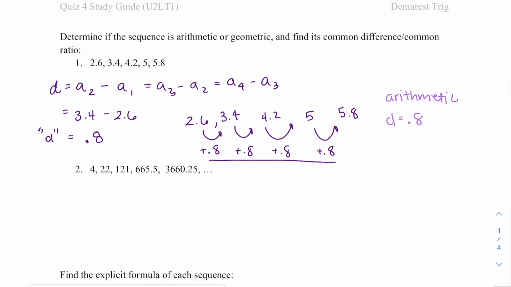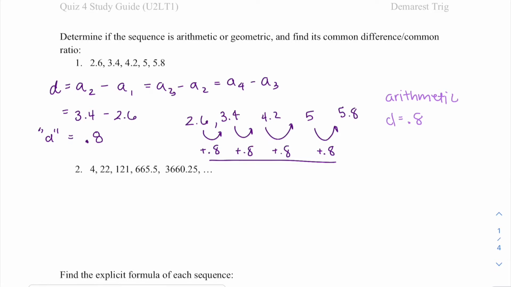The gap between these two terms is smaller than the gap here, right? To go from 4 to 22, then from 600 to 3,600, they're clearly very different. So that tells me, okay, there's no way this is arithmetic because the difference is not common, and it's obvious that it's not common.